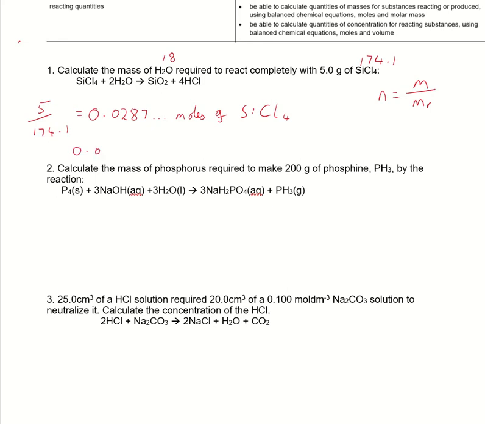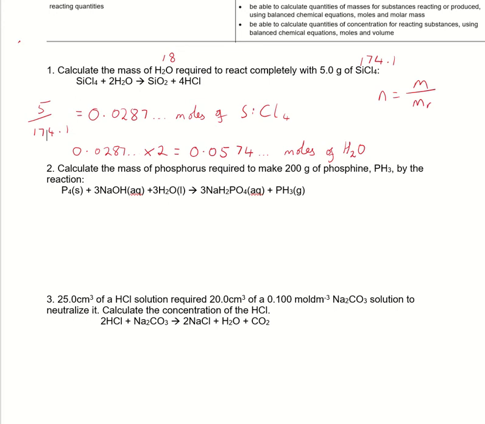So 0.0287, I'll just keep the calculator function since I've got that next to me here. And if I times by 2, this gives me the moles of water. Should have probably given myself a little bit more space for this.